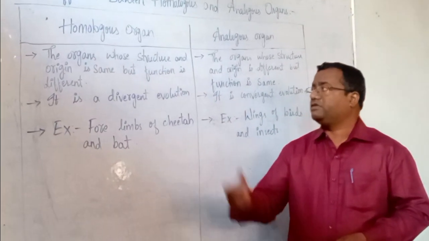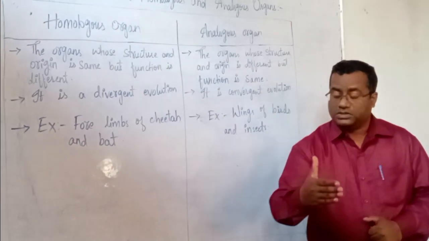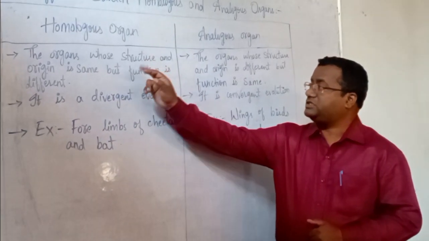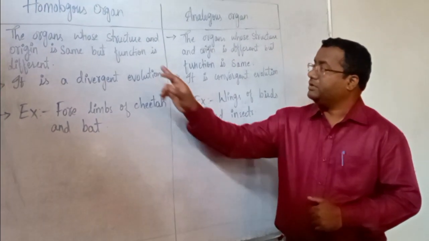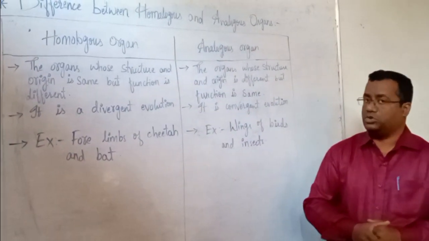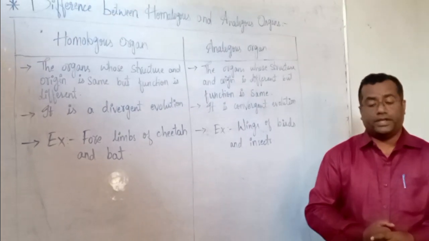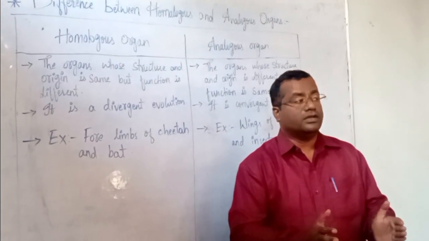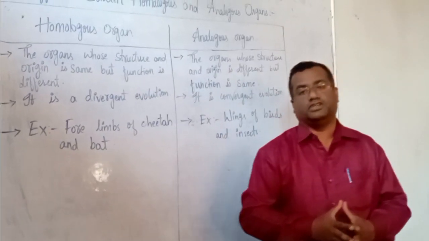Structure and origin are same, but function is different. This kind of organ is known as homologous organ, and this is the evidence. This is the evidence where the species is same, but according to the surroundings and conditions, they evolved into different species.